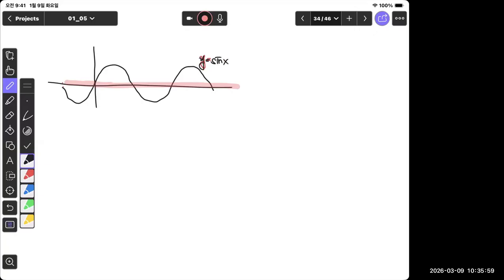That means this is not a one-to-one function, and we can think of the inverse functions only when the mapping is one-to-one, right?